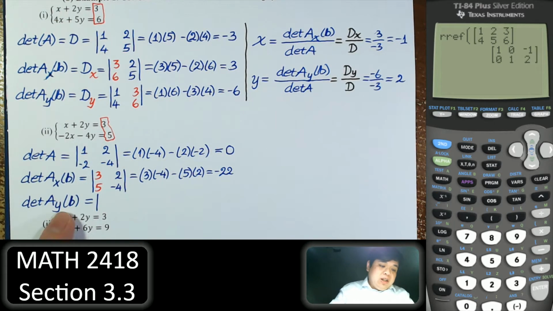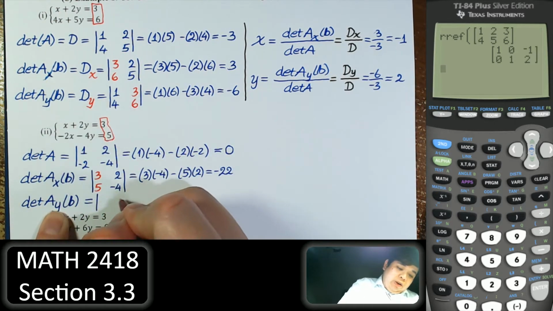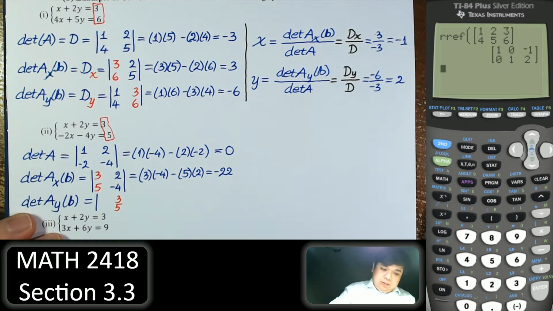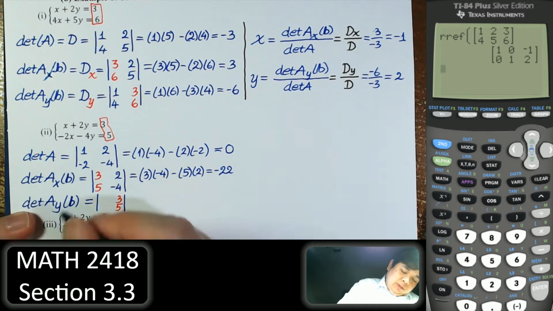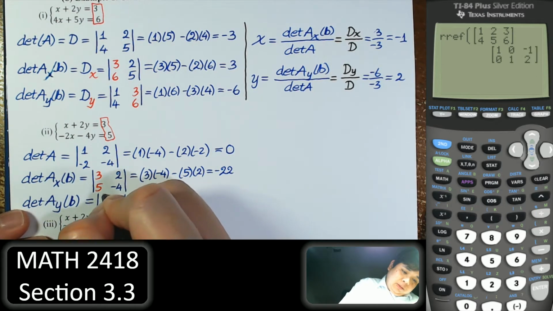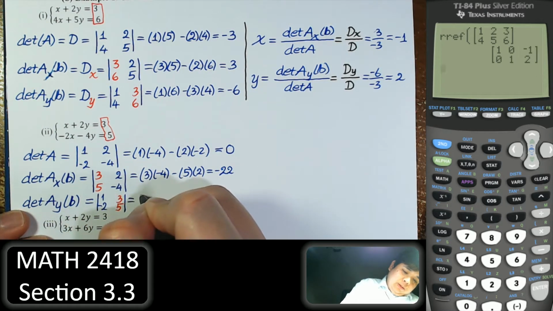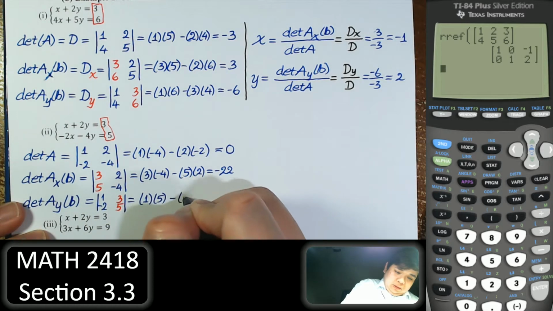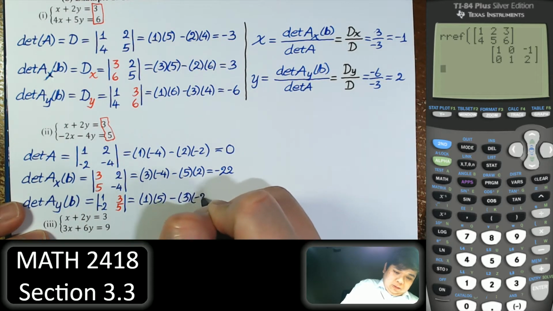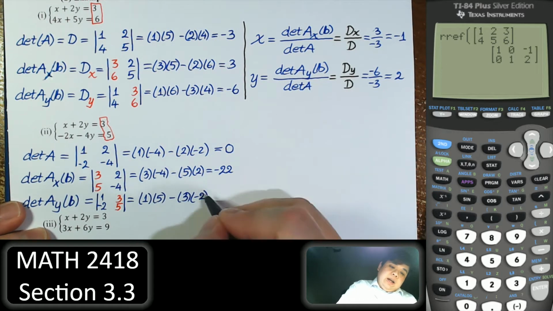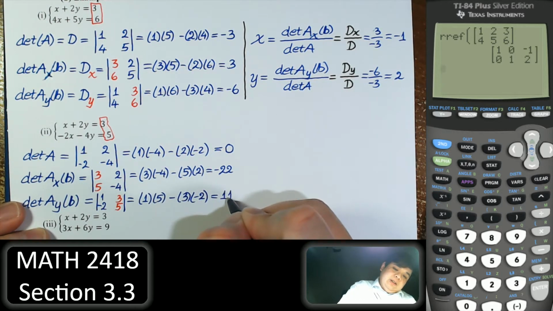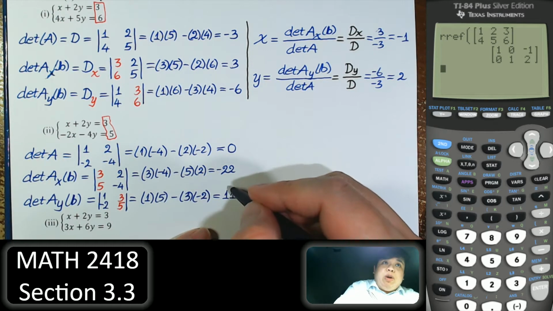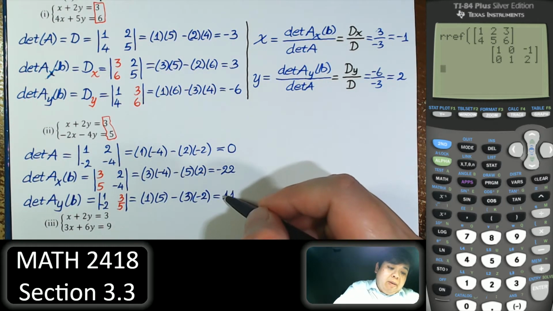Now we replace this into the y, the coefficient of y. And then we have 11. Because the numbers here are not really important. What's important is they are not 0. And that is the problem.